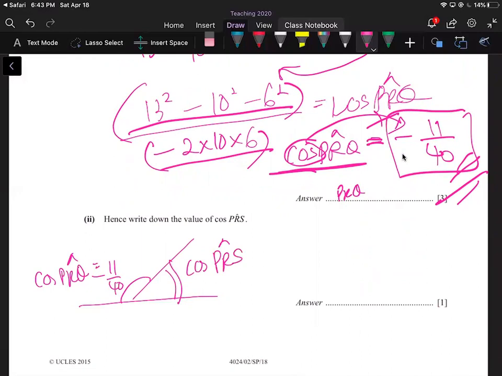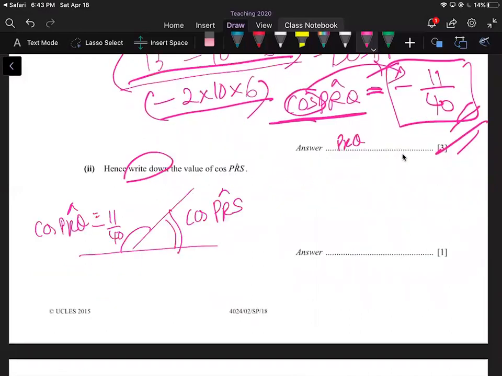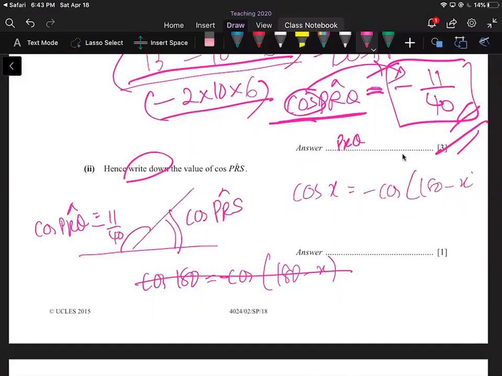Artinya anda payah dibuat calculation. Ingat cosine x is equal to minus cosine bracket 180 minus x. Kalau kamu ingat ni, one of them is negative.